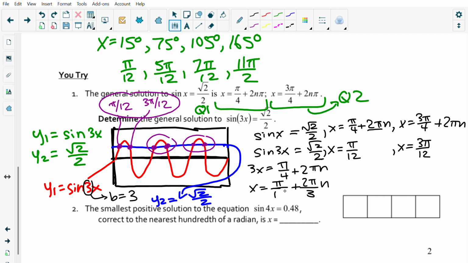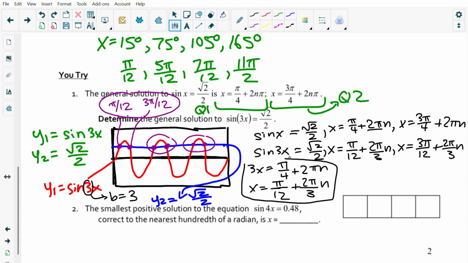Well, this is just pi over 12. And that's how I get my periodicity there. And this has to be the same as well, 2 pi over 3 n.